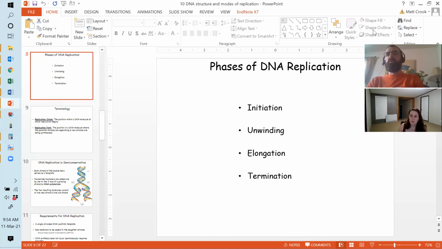If I can get my chat box back up. So that's an enzyme that is made up of many proteins. And DNA replication is kind of like that. Transcription is very much like that, which we're not going to get to for a little bit.